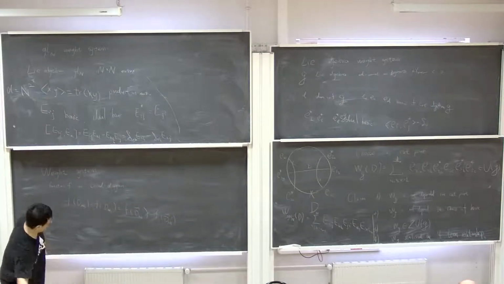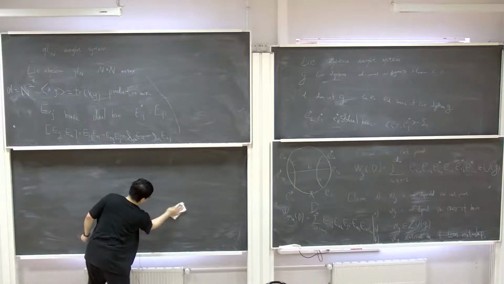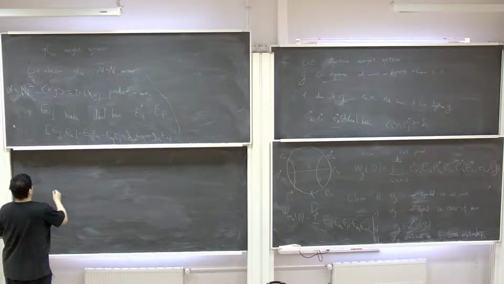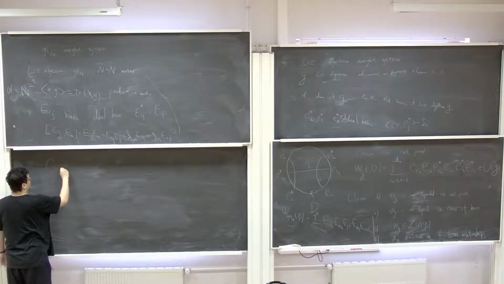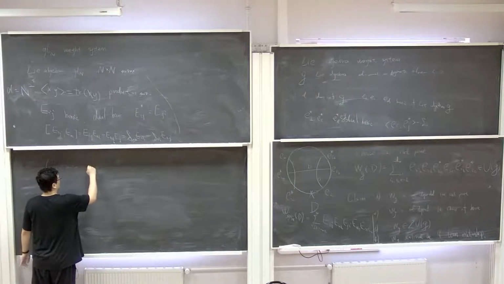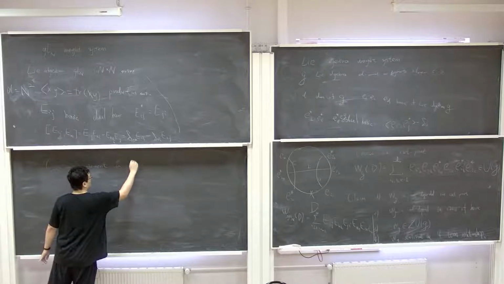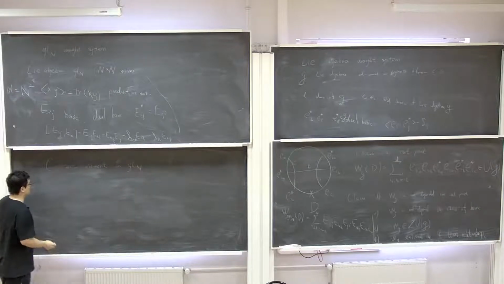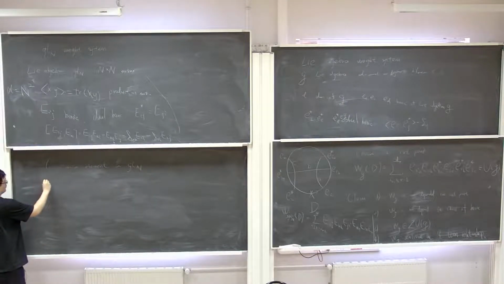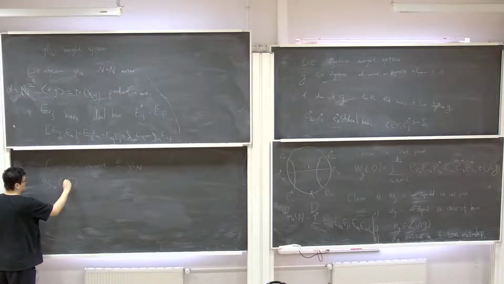The Casimir element in the GLN. So the simplest chord diagram you can take is this case, which is a loop with exactly one chord.